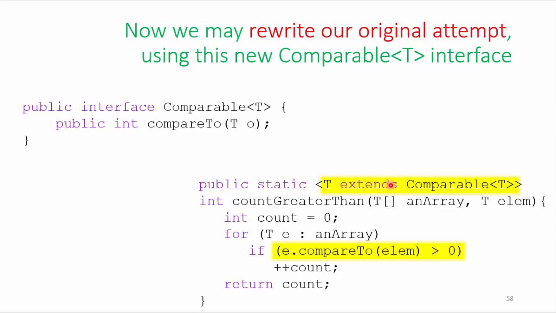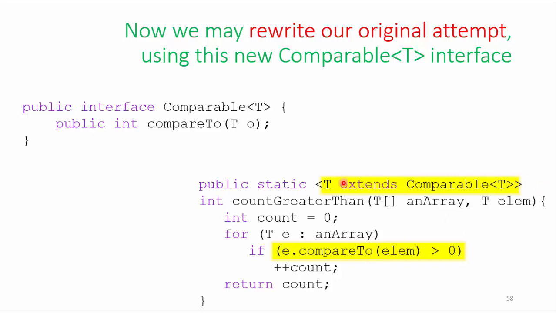It's T extends Comparable of T. So we use that bounded type parameter notation that we learned about. And as we mentioned when we started using multiple type parameters, you can actually extend something that is another parameterized type. No problem there. You can extend a Double, an Integer, a Number, but also things like Comparable of T, okay?